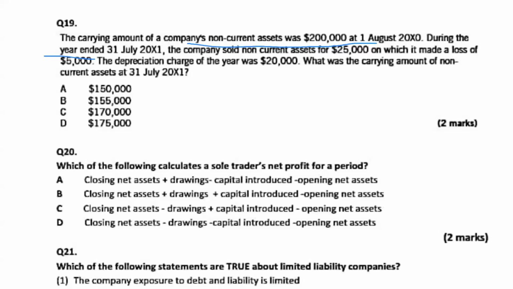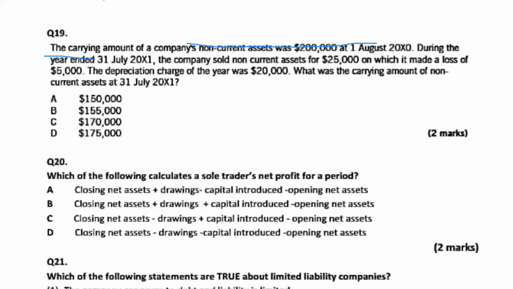So these 20,000 plus the $25,000, then you subtract from 200, which will give us 155. That's my answer. So this loss they made was for the current assets because the cash at hand will be a current asset. That's my take.